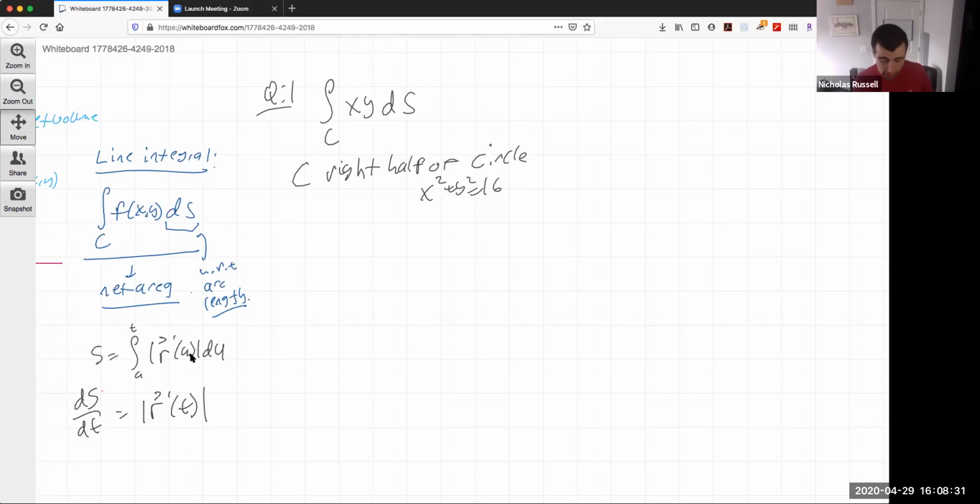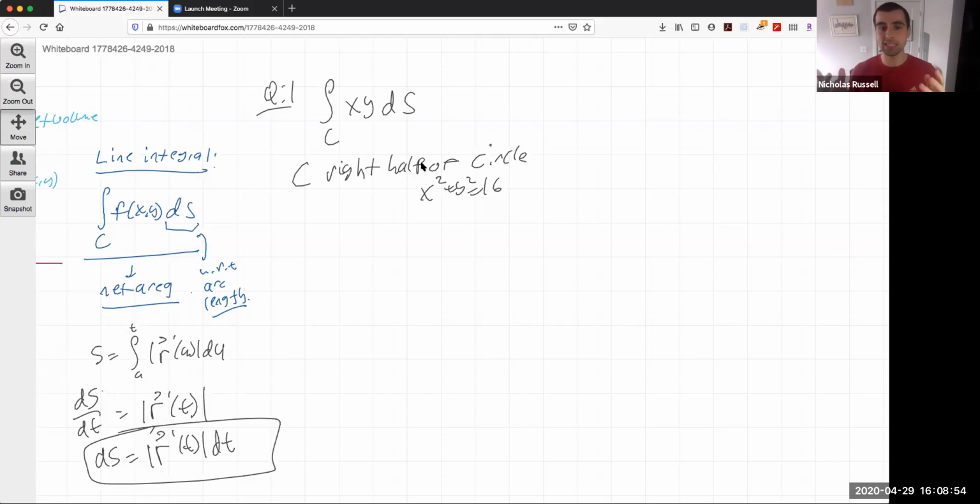So what we can do then is cross multiply. I can tell you that ds would have to be equal to the magnitude of r prime of t dt. And so this gives us a key to change this integral into something that I might be able to integrate with respect to time, because I know how to parameterize curves. We know how to parameterize a curve C, especially if I have a line segment, if I'm on a circle, if I'm on really any domain.